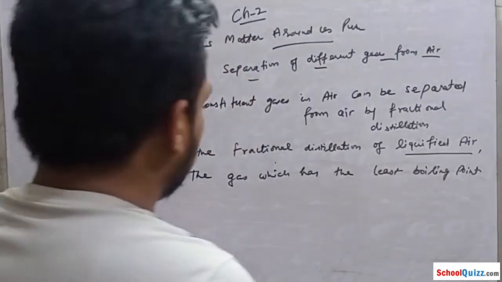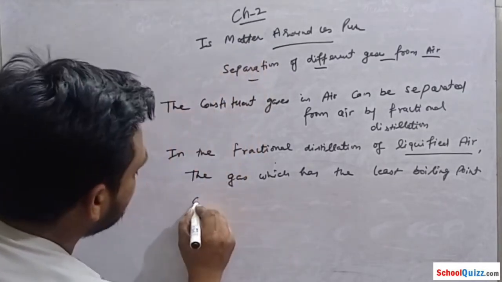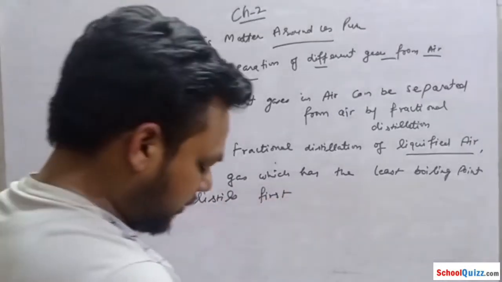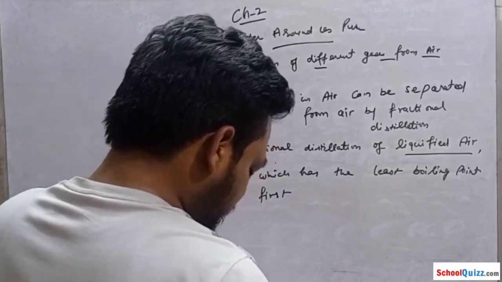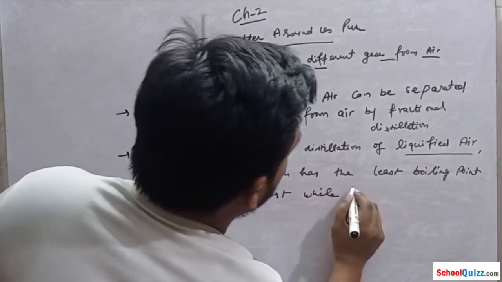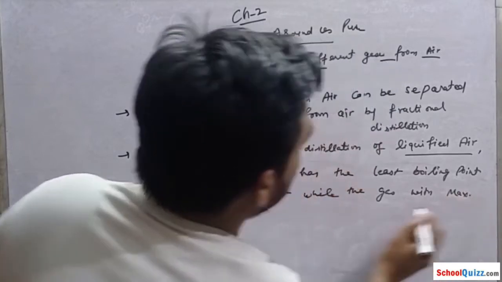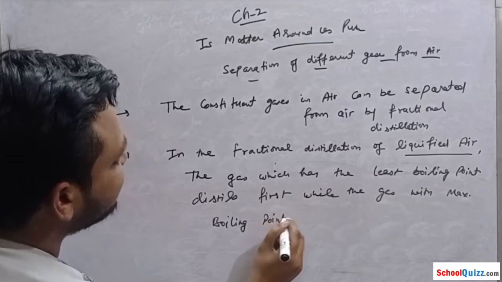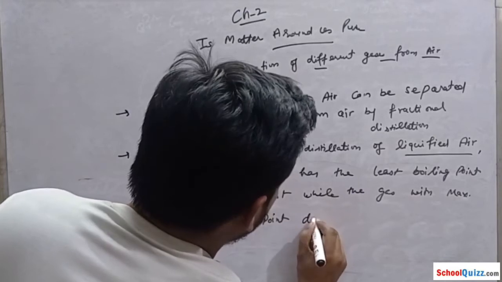The gas with the least boiling point distills first, while the gas with maximum boiling point distills at the end.